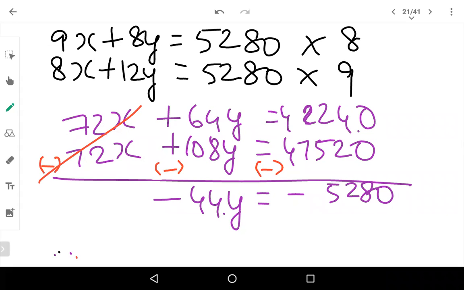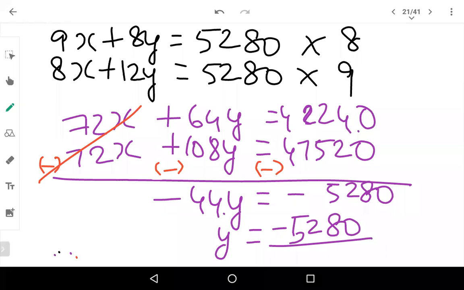Anybody got the answer? What is the answer of y? Yeah, Sindhu got the answer, correct.